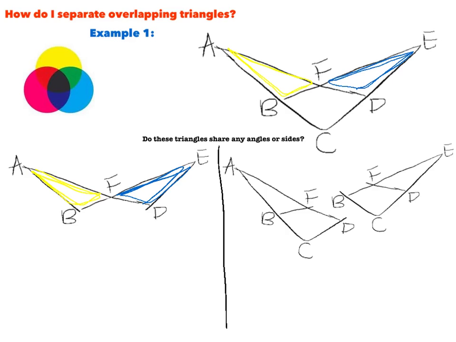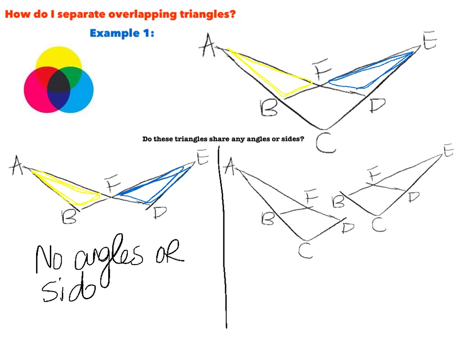Because if they do overlap, then that means that they share an angle or a side. When I look at this picture and this one, it's really clear that they don't. So, no. There are no angles or sides shared. Okay. That's supposed to be an exclamation point.